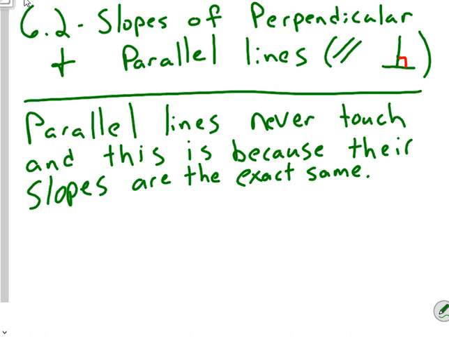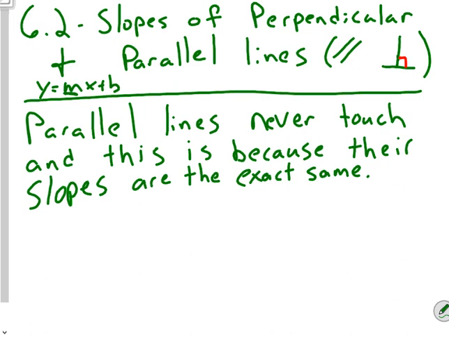So in dealing with slopes, sometimes we use the symbol. Remember when we talked about y equals mx plus b? M is the symbol for slope. I don't know why it's M. It just is.